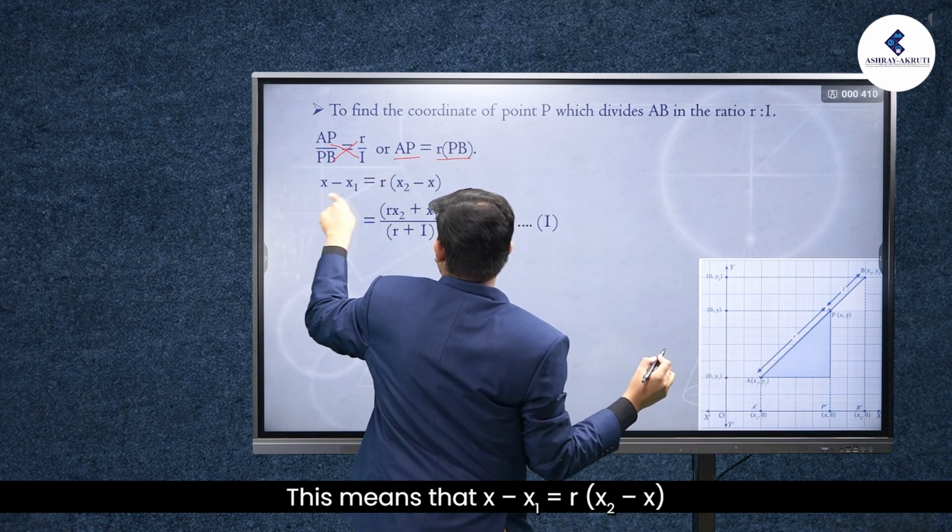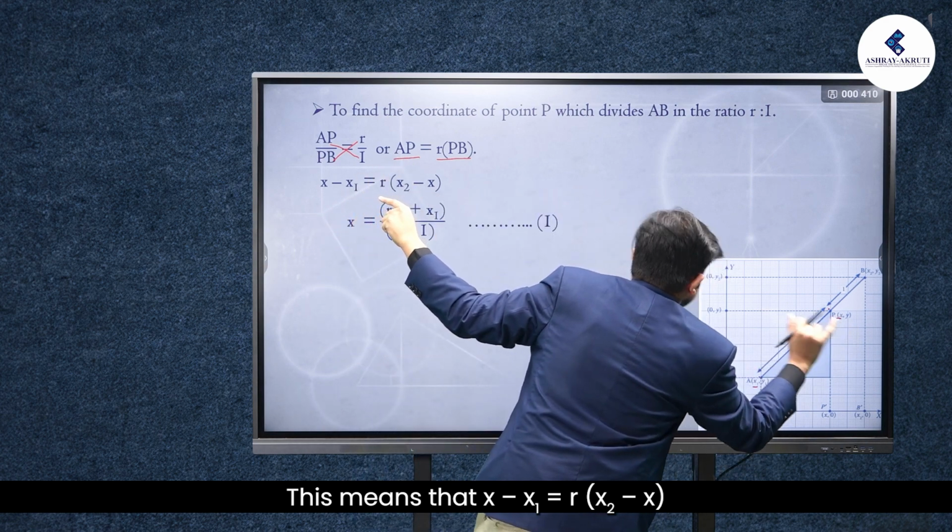This means that x minus x1 is equal to r into x2 minus x.